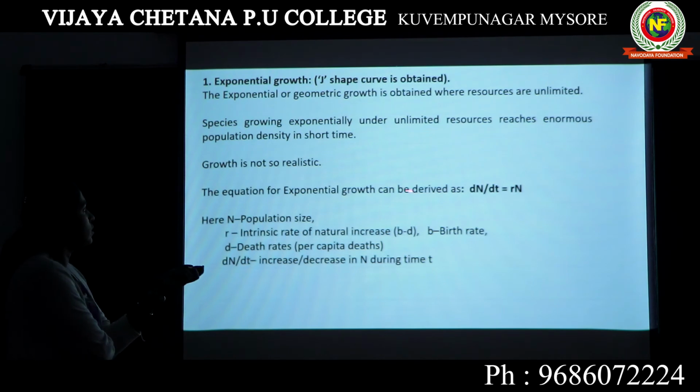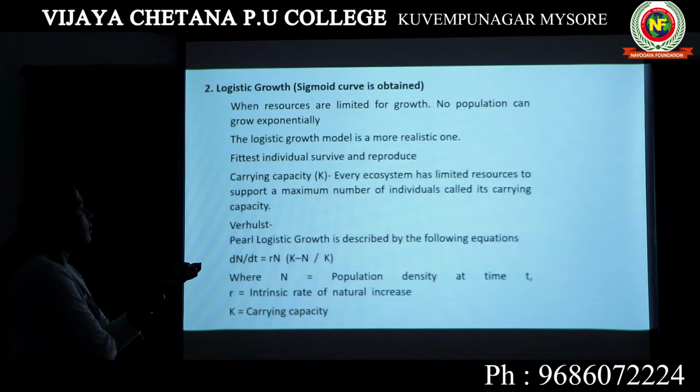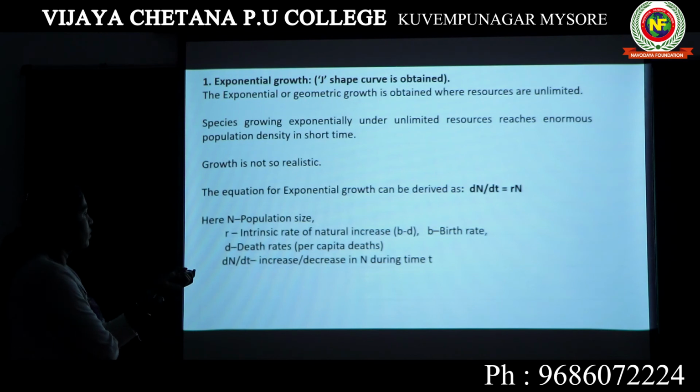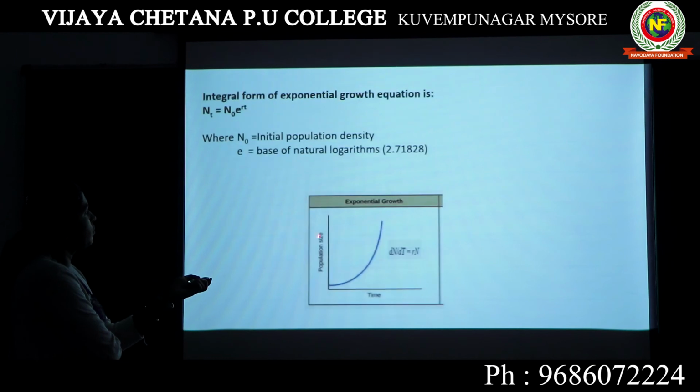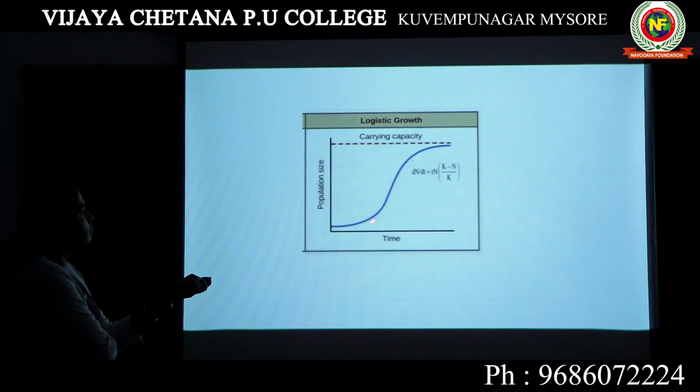So the equation for exponential growth is dN by dt is equal to rN. Here the equation is dN by dt is equal to rN into K minus N divided by K. Here a J-shaped curve is obtained. Here a sigmoid curve is obtained because there is limited resource, and every ecosystem has a carrying capacity.